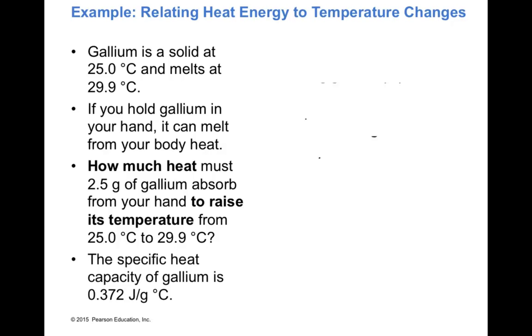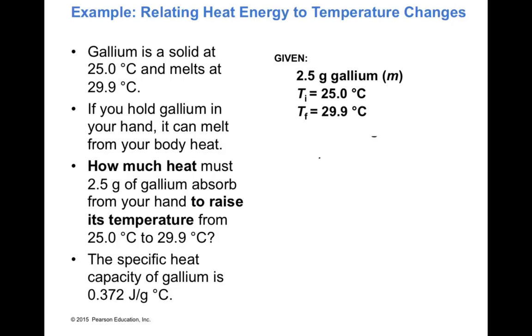The specific heat capacity of gallium is 0.372 joules per gram per degree Celsius. So we have the mass of gallium. We also have the initial temperature. Sometimes we're going to see it expressed as Ti, initial temperature, or T0, that is also initial temperature.